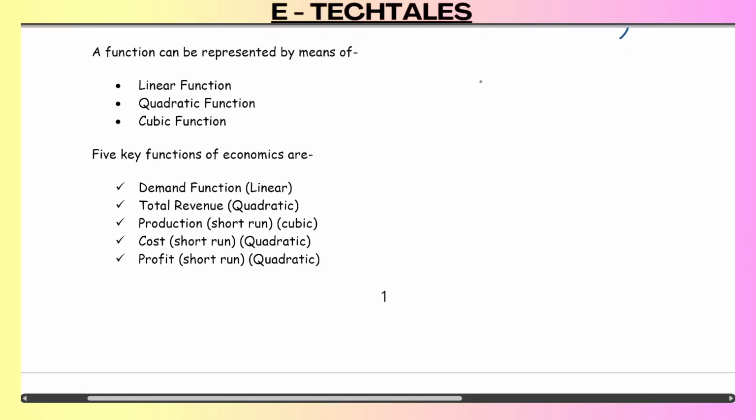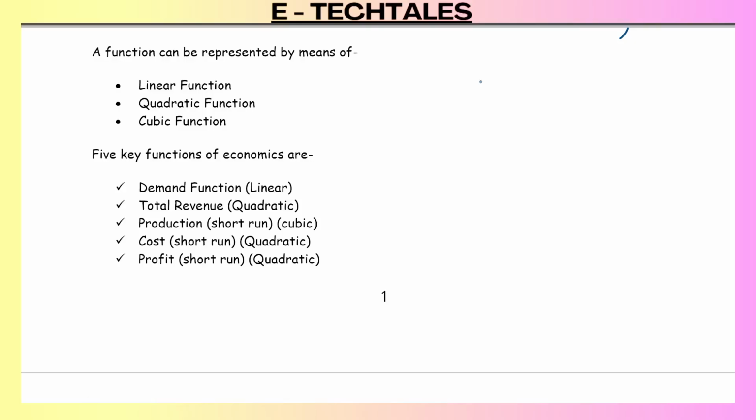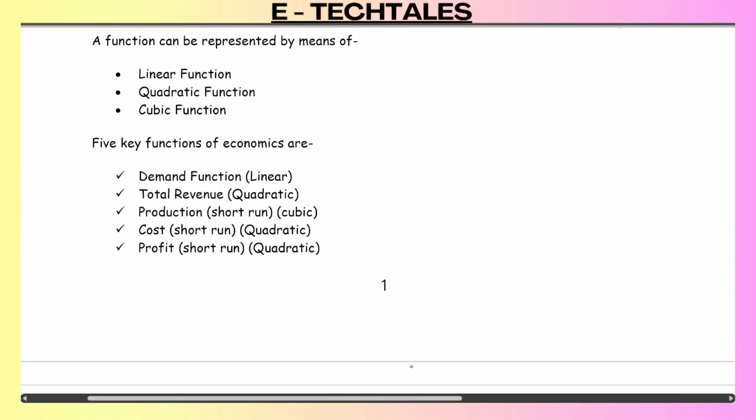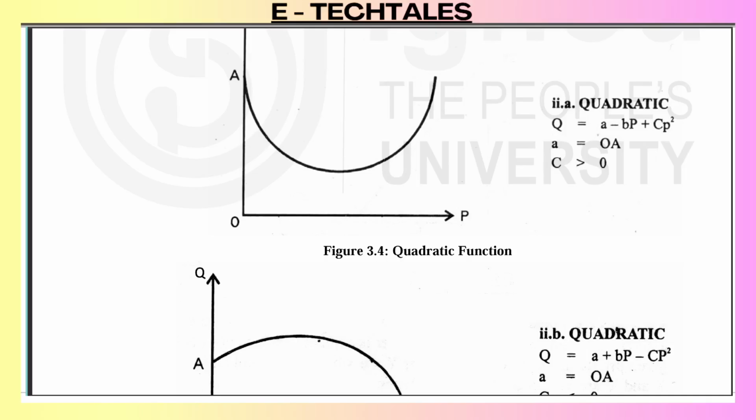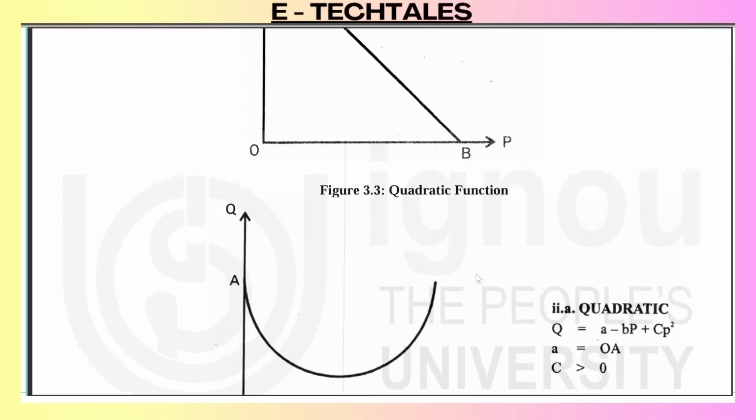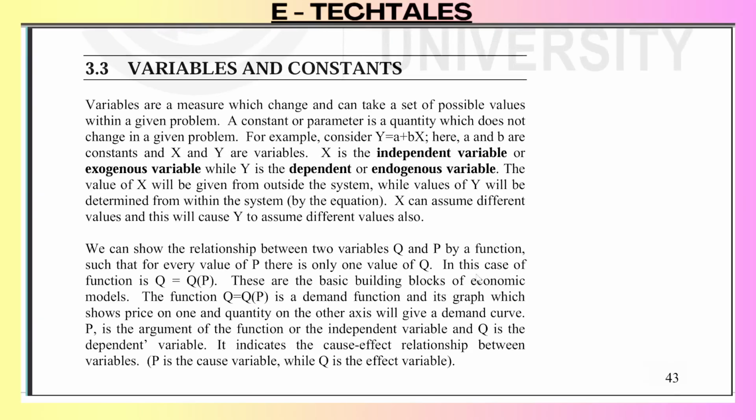Okay, so let's understand the functions. The function can be represented by means of a linear function, quadratic function, and cubic function. Regarding this, I'll have to take you to your IGNOU study material, because there it is given in diagrammatic representation, which you need to know for your exam.